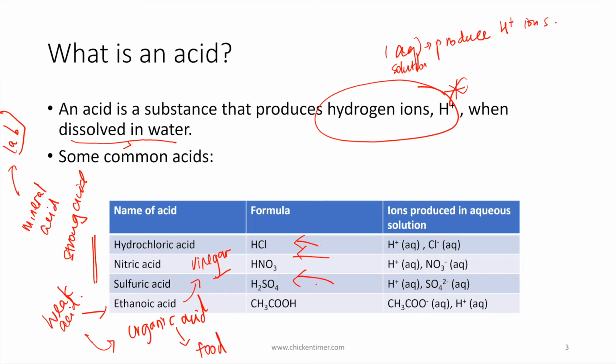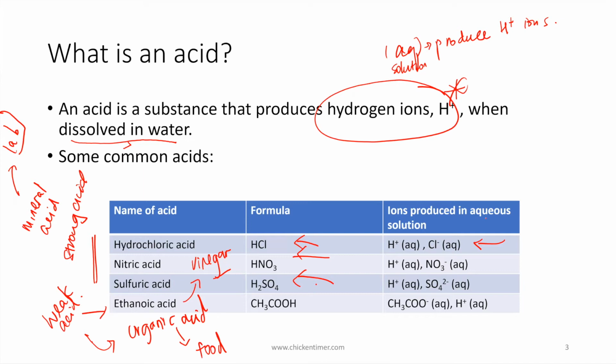Then they might ask you to explain why these few substances are acids. So you would have to tell them that when dissolved in water, hydrochloric acid produces H plus ions and Cl minus chloride ions.